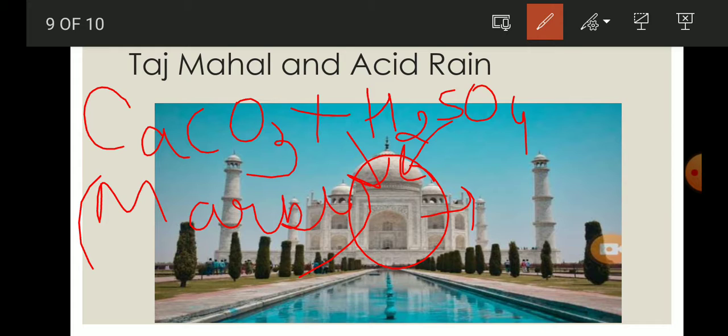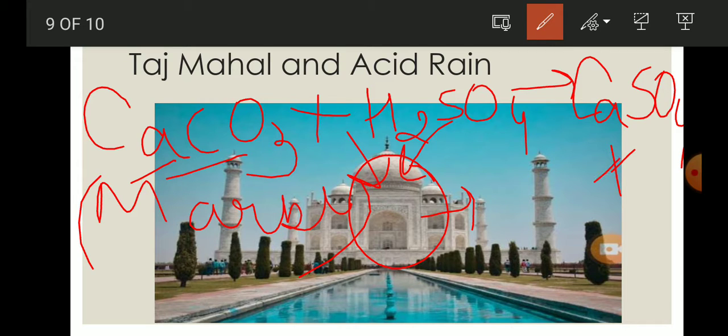Now here what happens when this acid rain falls on the marble, then this acidic rain or this acid will react with the calcium. Okay, when it reacts with the calcium, it will form calcium sulfate, and it will form water and carbon dioxide.